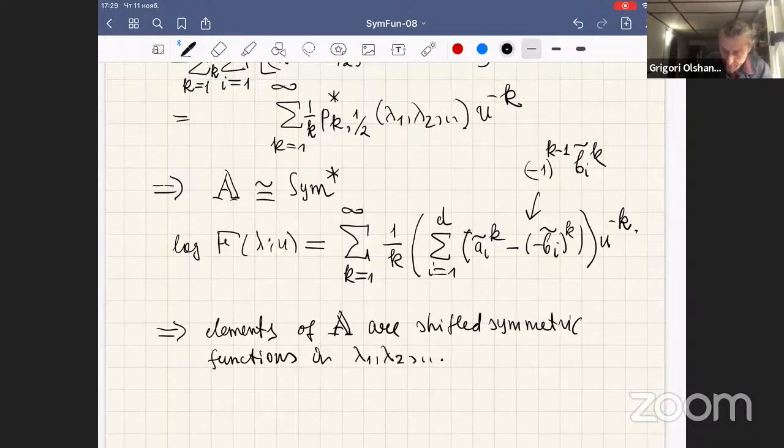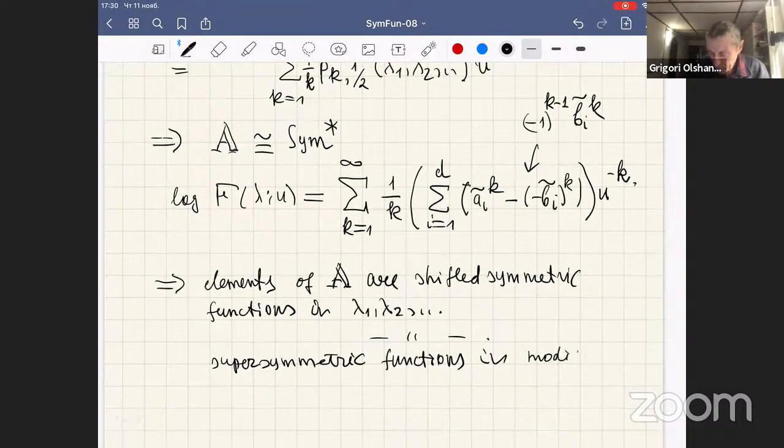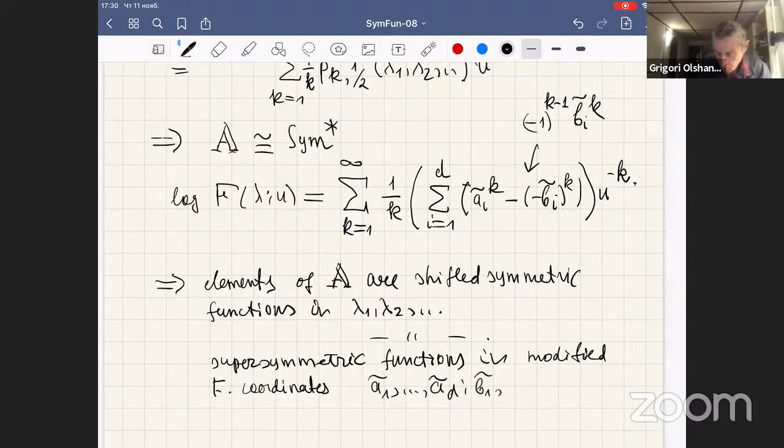But they are also supersymmetric functions in modified Frobenius coordinates, because the same coefficients can be written in this way.